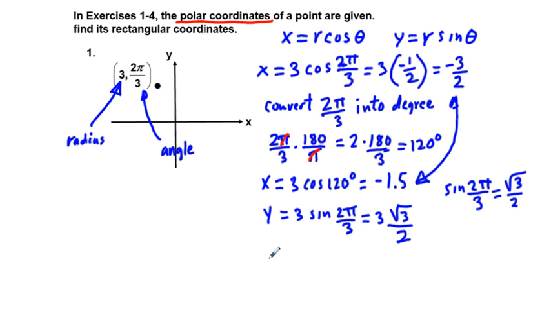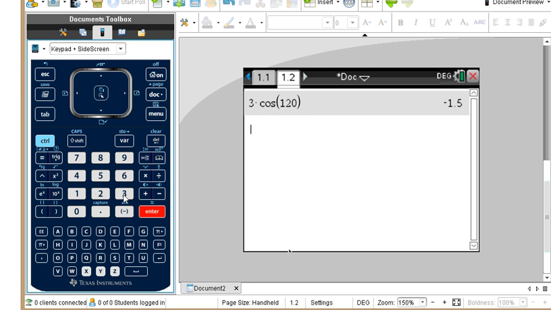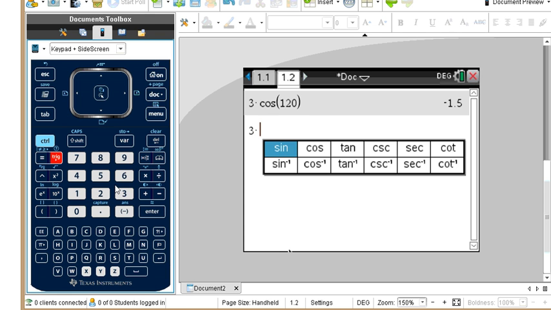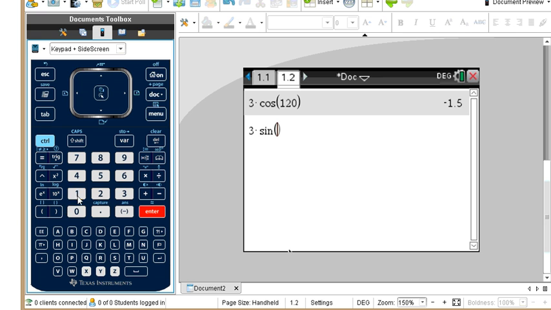And then, if that doesn't come to mind, we can just take 3 sine of 120 degrees instead. And we go to our calculator, we get 3 times sine of 120 degrees. And for that, we get 2.598 to the thousandths place.